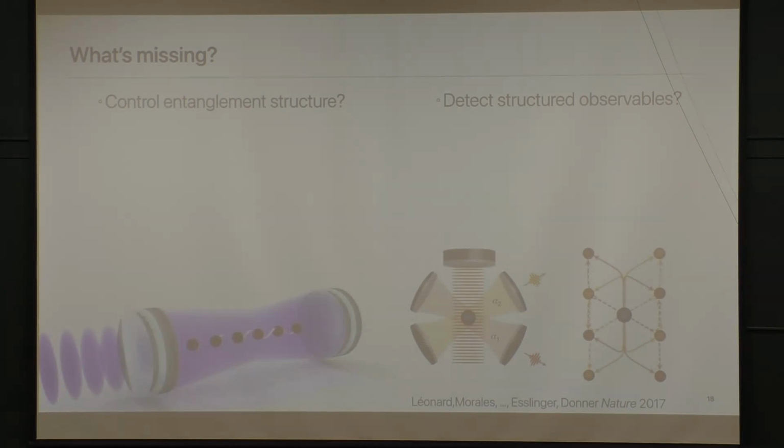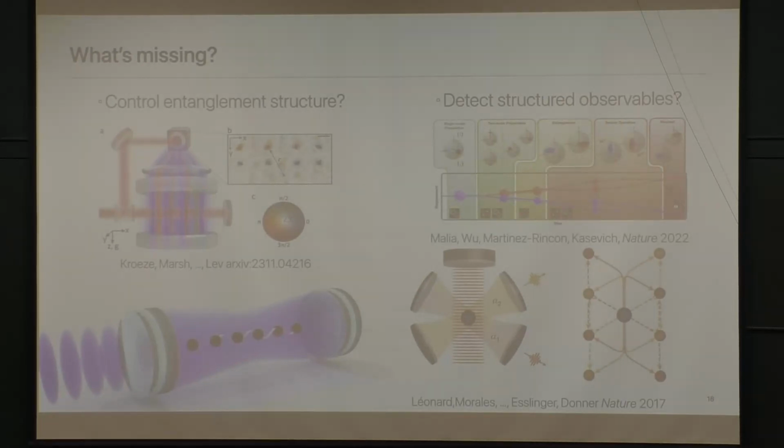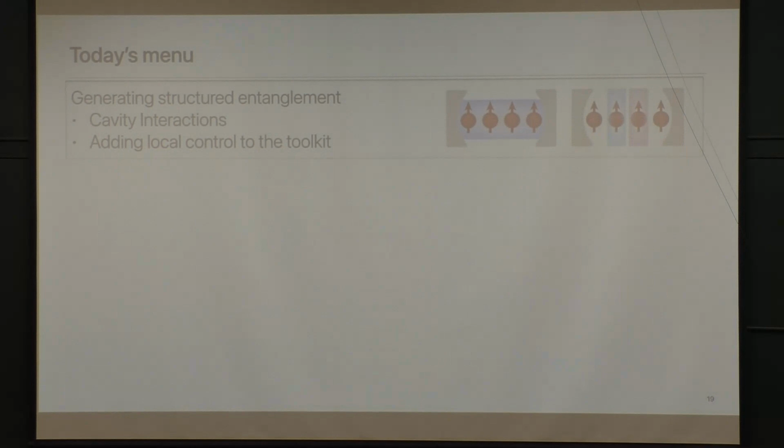And there's been a lot of work in the last 10 years in this direction from a number of different groups. So today I'm going to talk about how we can combine these non-local interactions with single-particle operations to really control the structure of entanglement.